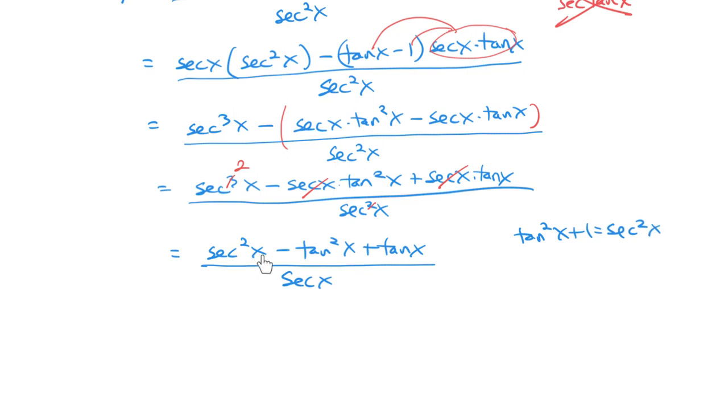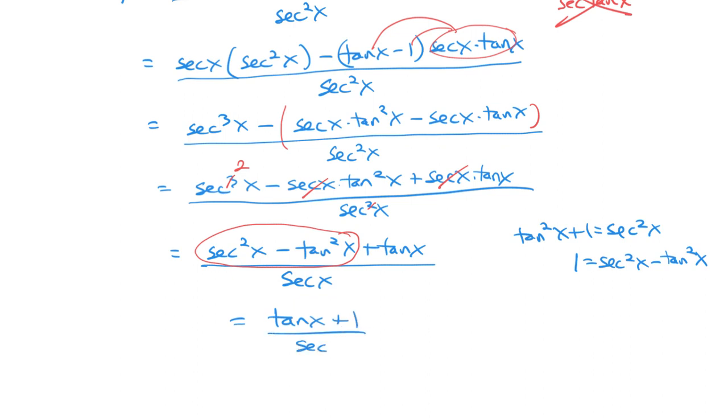We've got this right here, right? So what if I subtract tangent squared x from each side here? Then we get 1 equals secant squared x minus tangent squared x. So that this is just equal to 1. So this gives us basically tangent x plus 1 over secant x.